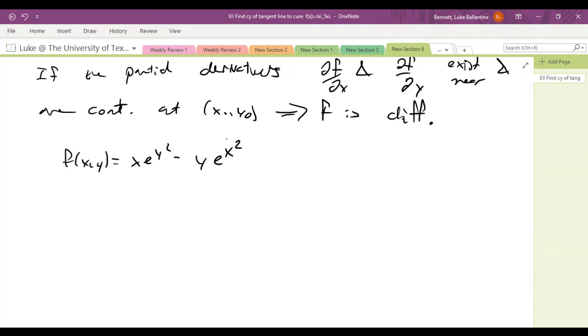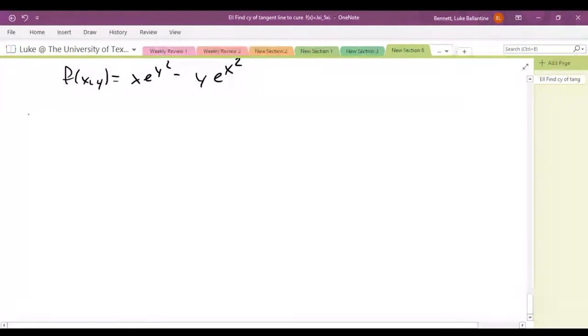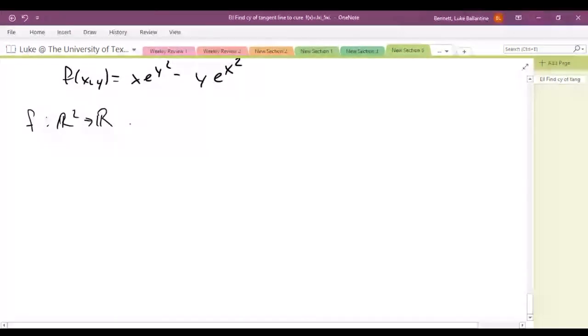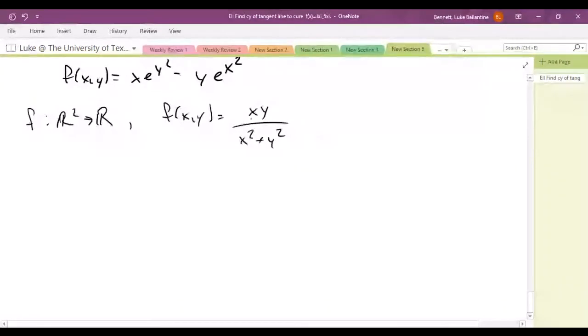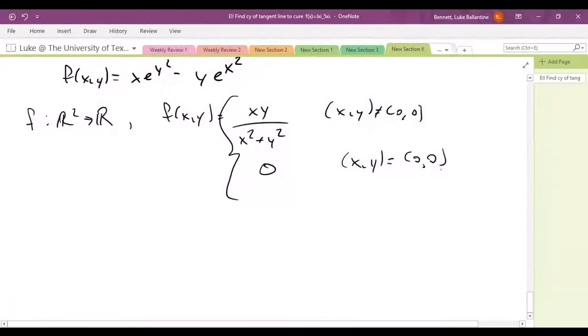But what happens if we get some weird function, f maps R2 to R, given by f of x y equals x y over x squared plus y squared if x y does not equal 0, and it's 0 at the point x y equals 0, 0.